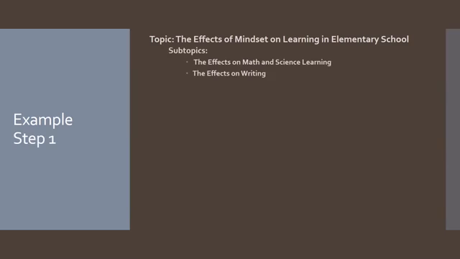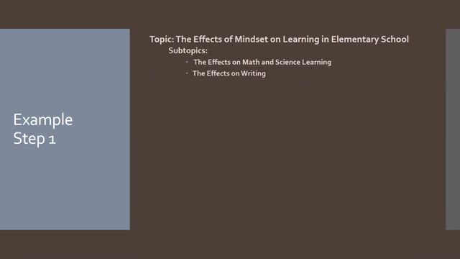Let's say that after reviewing my feedback, the subtopics I've ended up with are: one supporting section that looks at the effects of mindset on learning math and science, and another supporting section that looks at the effects of mindset on writing.